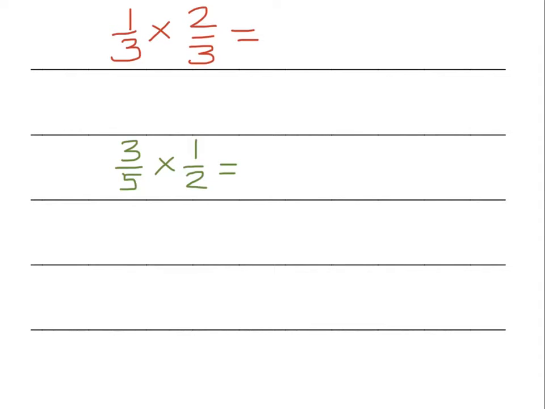And our last one is 2/3 times 2/3. So you do each of those, and tomorrow we will check them in class and make sure you have the correct answers and that you've remembered that to multiply fractions, you multiply across the top, then you multiply across the bottom, and the word of is just like a multiplication sign. Have a wonderful night.